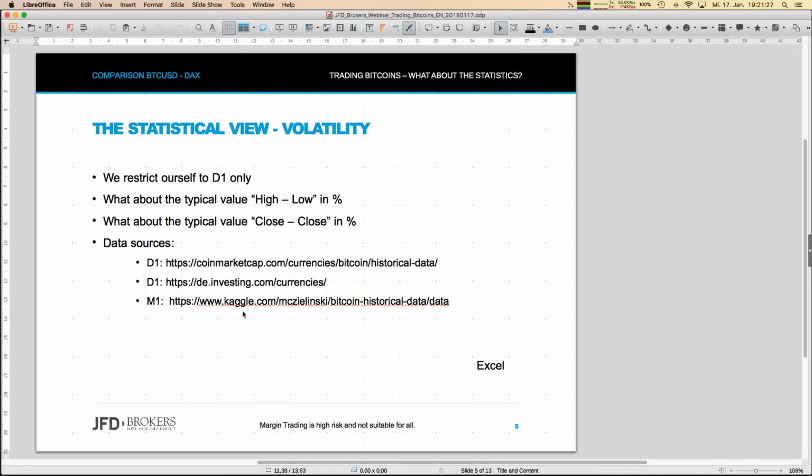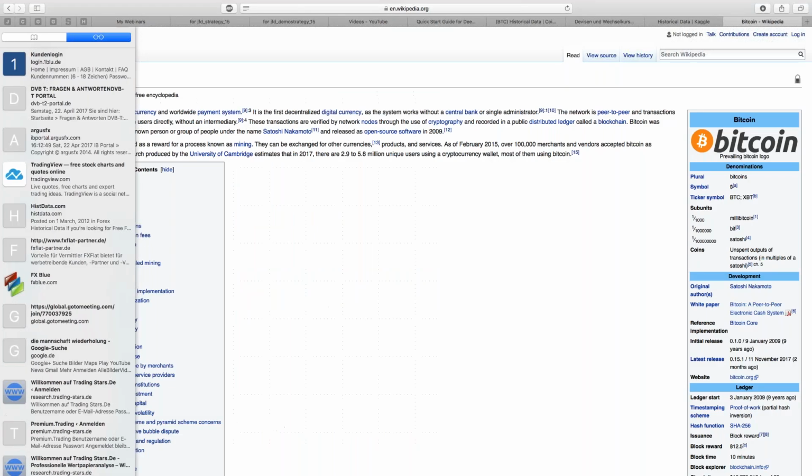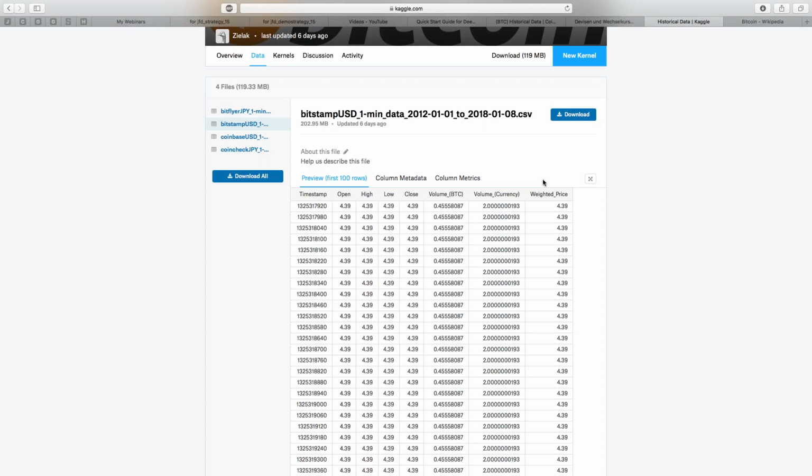That's not a real trading platform or data source. It's the data source for nearly everything. And there it's even possible that you can have data on a 1 minute base, starting at 1st of January 2012. You need to be registered here, but it doesn't cost anything, and you don't get boring emails afterwards, only from time to time, but it's okay.